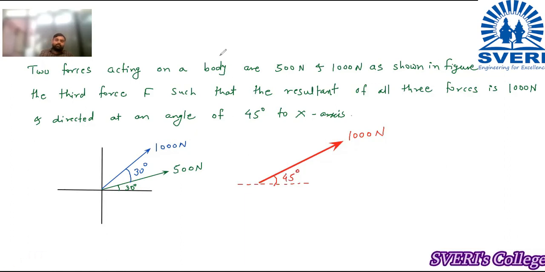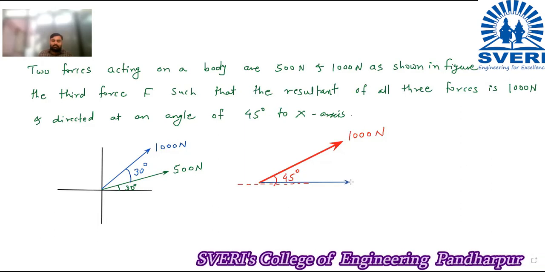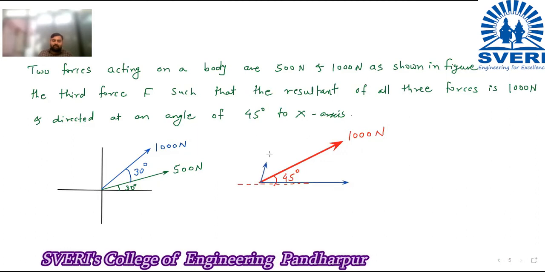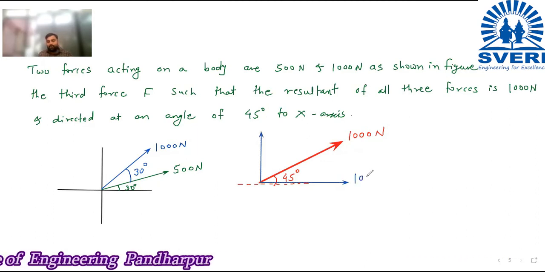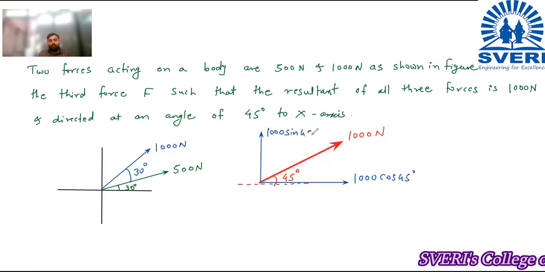Now if you resolve this resultant, you will get two components. One is like this and another is in this direction. This horizontal component will be 1000 cos 45 and this component will be 1000 sin 45.